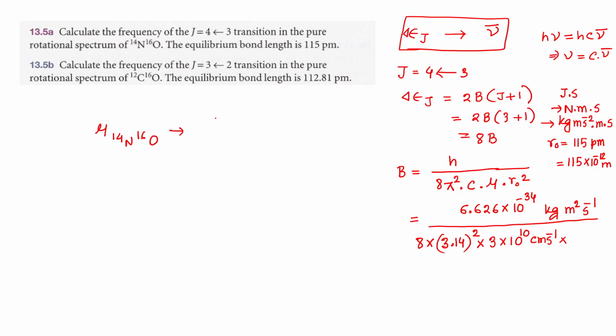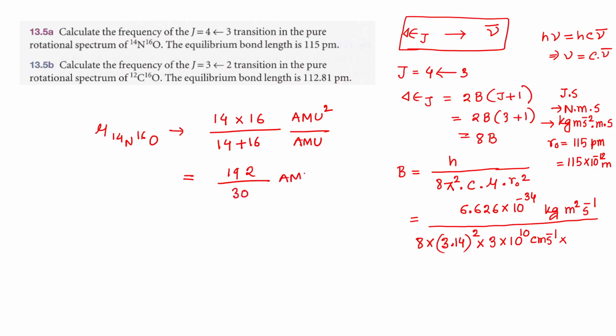It is going to be the mass 14 into 16 plus 14 plus 16, in atomic mass unit square divided by atomic mass unit. So it's something like 192 divided by 30, right?